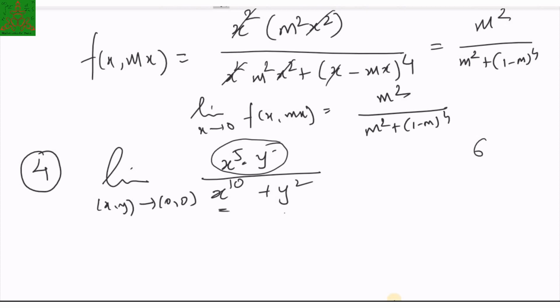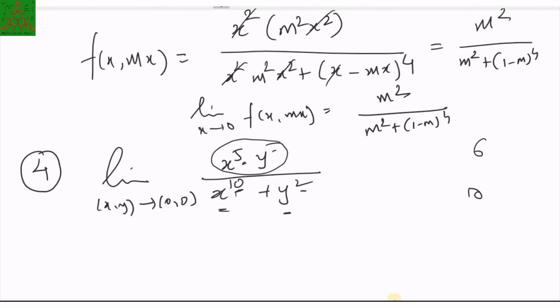Here the functions are in summation, and this has power 10, this has power 2, so the maximum power is 10. So that means in the denominator you will have the power 10. So in this example the denominator has the higher power. So that's why here also there are chances that the limit does not exist.